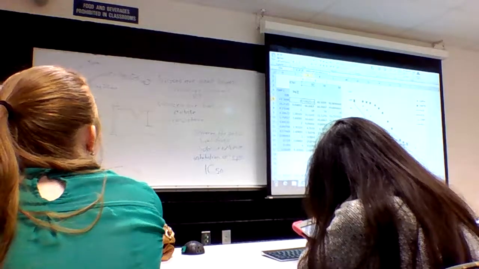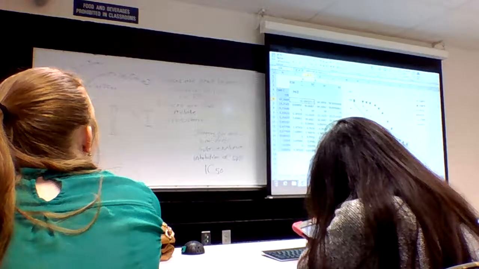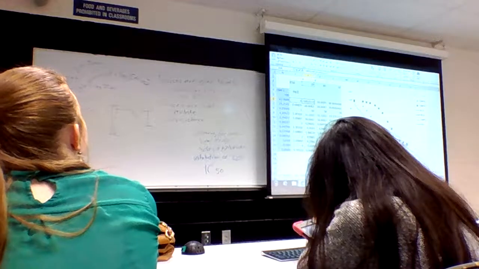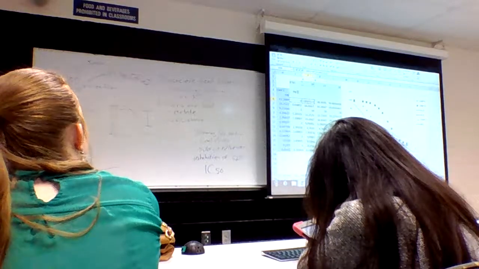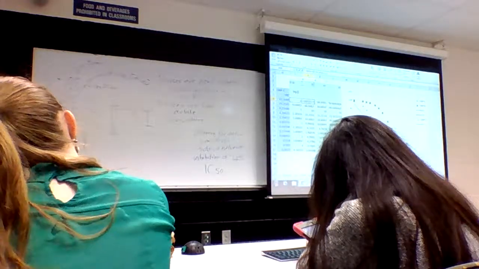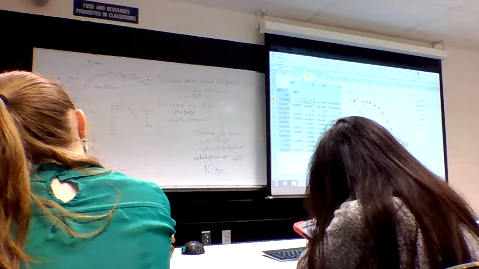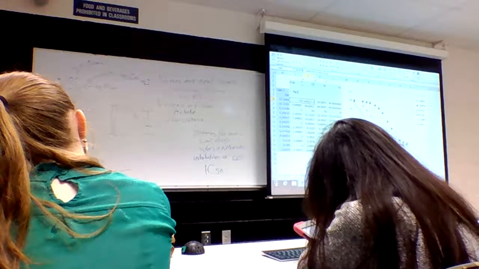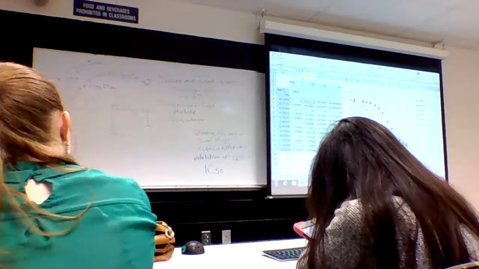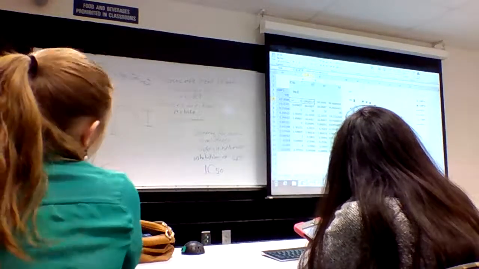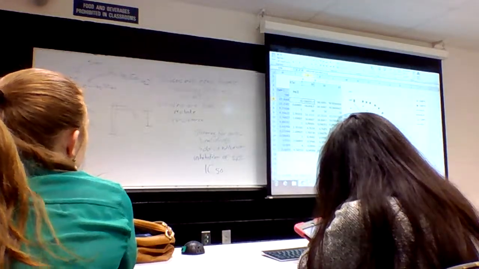What you see up there is the Excel expression of that equation over there. I've defined the value in this cell to be 100 divided by 1 plus 10 to the value in this cell. So that's the log of the concentration, so that's this axis.